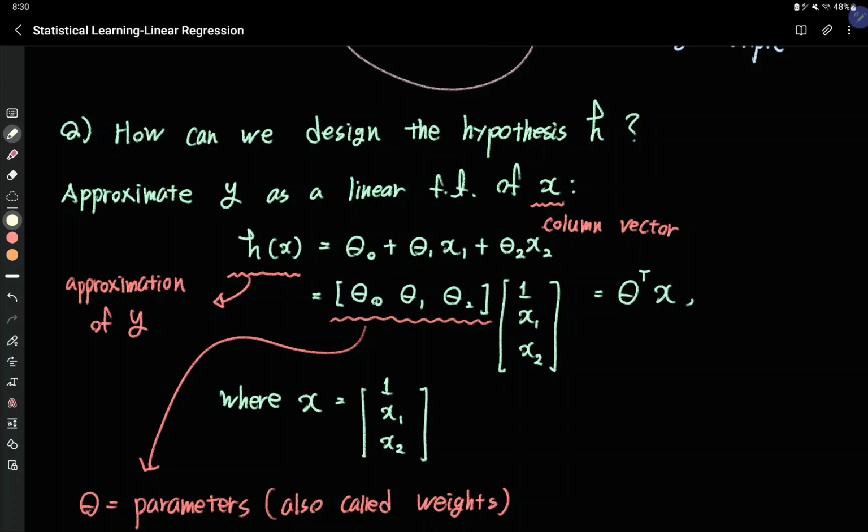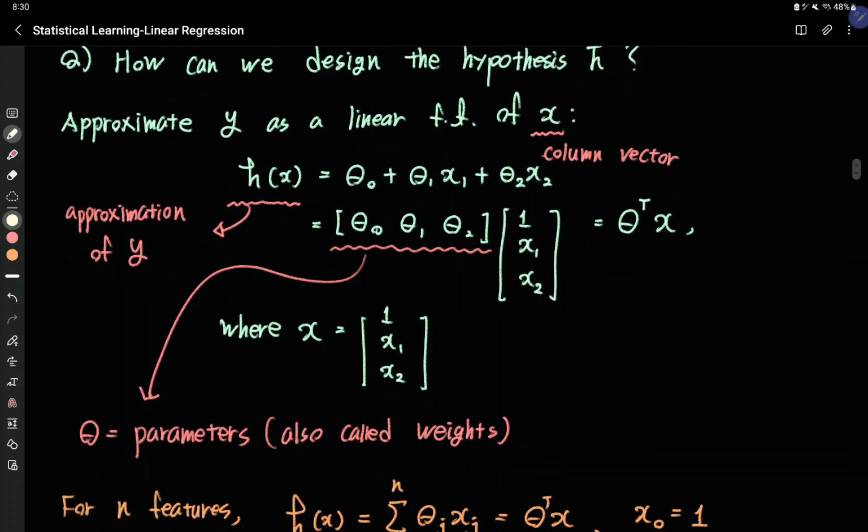Theta 0, theta 1, theta 2 are the coefficients, or we can say parameters, or the weights of linear regression. That's what we need to figure out.